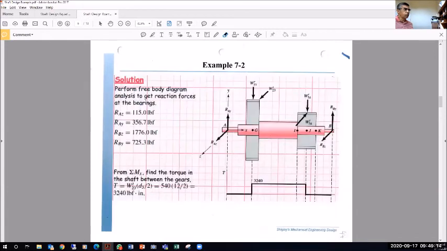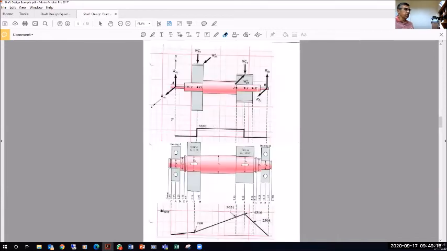The groove is going to be right after the gear. And one of the important things I want to say is right after the gear here, we do not have a torque. So the torque becomes 0. So I only have a completely reversed cycle from the bending moment MA.